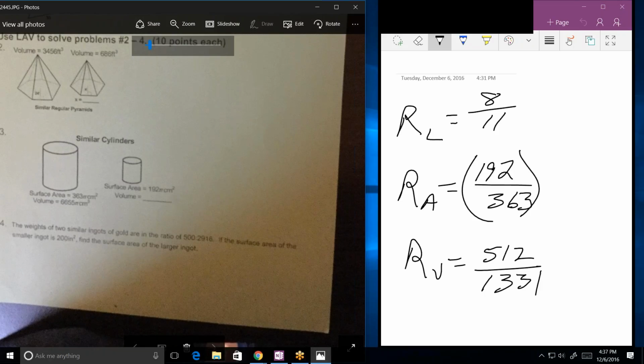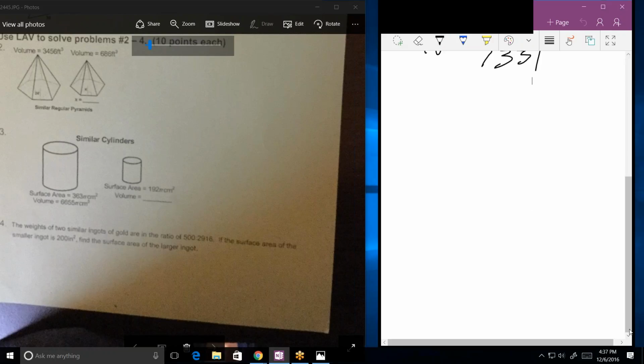Number 4. The weight of two similar ingots of gold are in the ratio of 500 to 2,916. If the surface area of the smaller ingot is 200 inches squared, find the surface area of the larger ingot. So what did they give you in that first sentence?